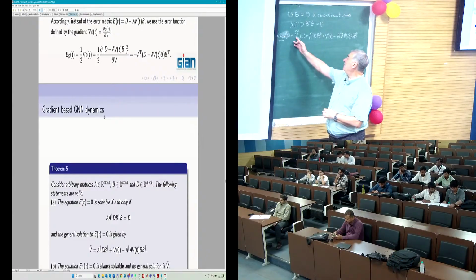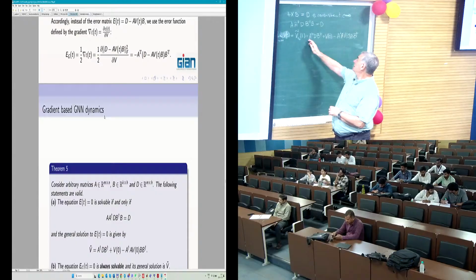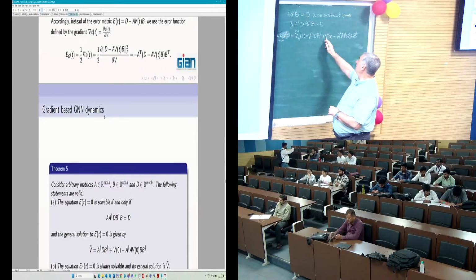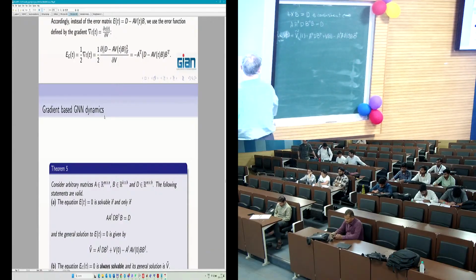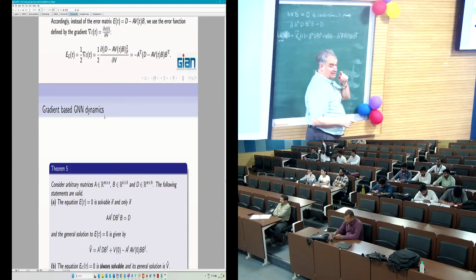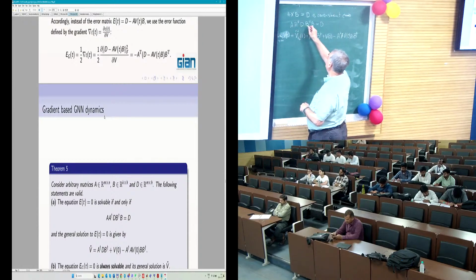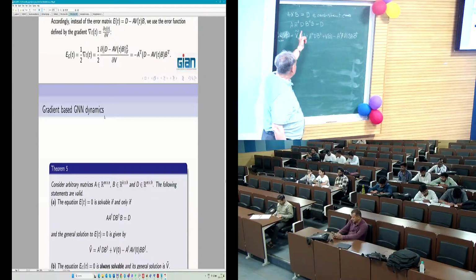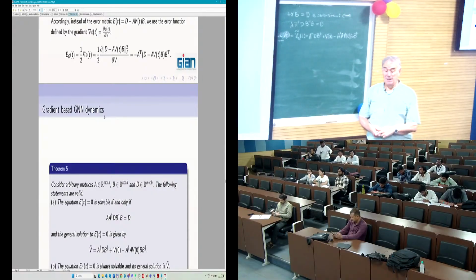If we multiply V tilde by A from the left and by B from the right, we will obtain A A dagger D B dagger B, minus A V0 B plus A V0 B. These two terms will cancel and the result will be A A dagger D B dagger B. In case this expression is equal to D, we will have a solution and the system will be solvable.